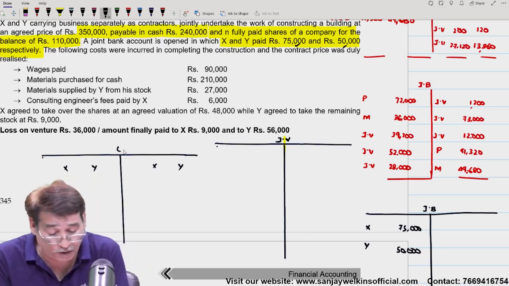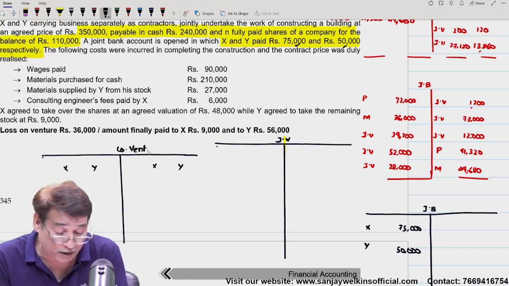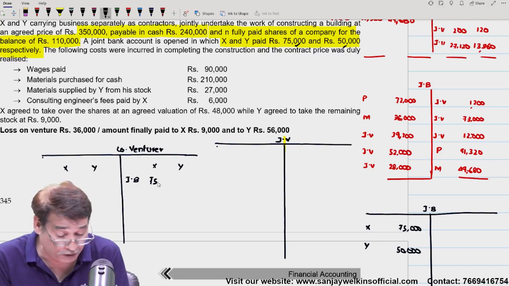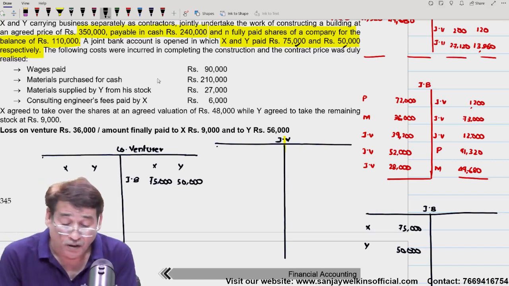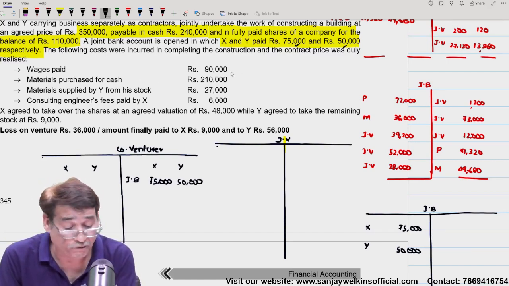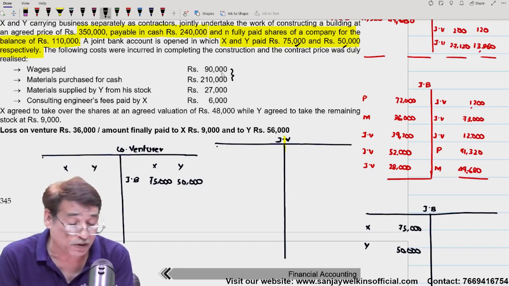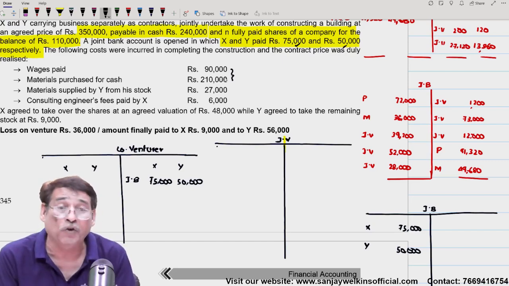And in the co-venturer account, towards the credit side, you are going to write by joint bank 75,000 in the column of X and 50,000 in the column of Y. Then all the expenses which you have paid in cash: wages paid, material purchase. So total 3 lakh worth of payment you have made in cash.